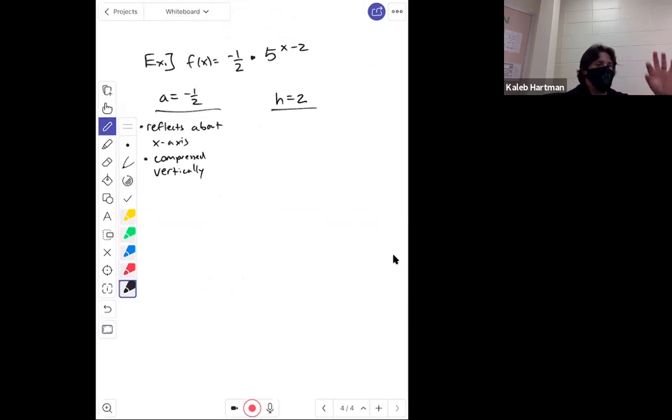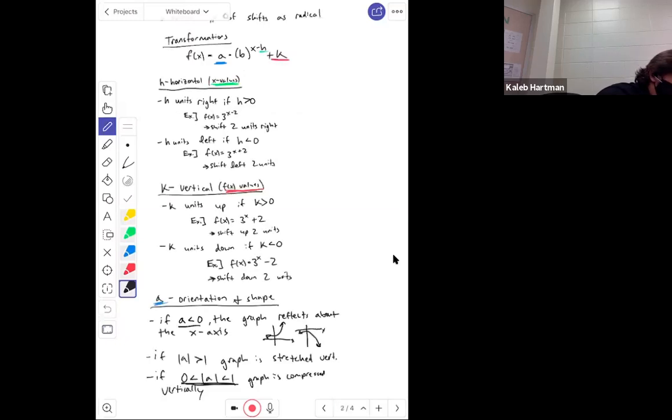Think about taking a marshmallow between your hands and squeezing it. It gets wider, faster, not quite as tall. Compressed vertically.